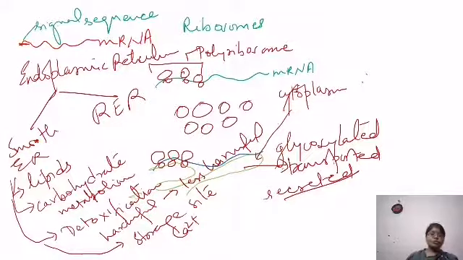So this is about smooth endoplasmic reticulum. Now, the rough endoplasmic reticulum is involved in the formation of various kinds of proteins. There is also a term you must have come across, membrane biogenesis.